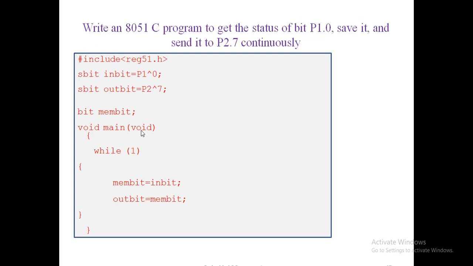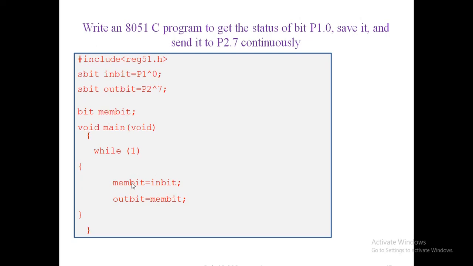Now void main, while(1) is an infinite loop. Here in inbit I have to check the status of P1.0, whether it is 0 or 1, continuously. Whatever status I get in P1.0 has to be transferred to membit.